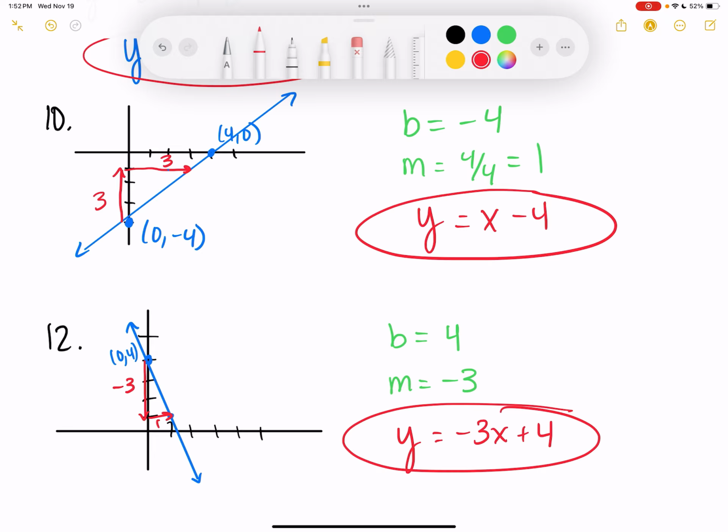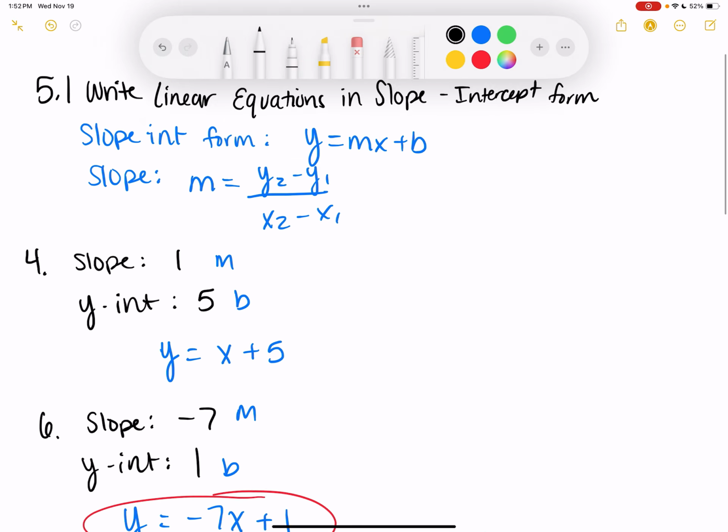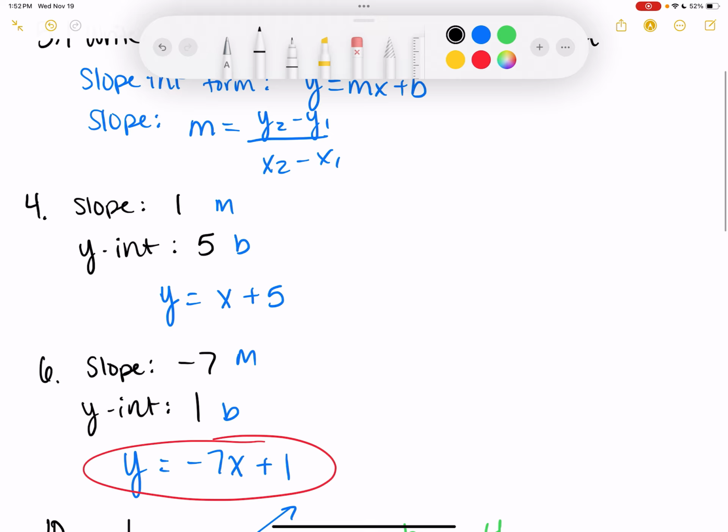Okay, so we're going to jump down to the ones that are a little bit more involved, where they're giving us 2 points and we have to find the slope and then write the equation of the line from there. It could never be just easy. Well, it's not hard still. If you know how to find slope, it's not hard. It's 24, -3, 1, and 0, -8. Now, what I can tell you is I can pretty much guarantee you're going to see at least one of these kind on there.